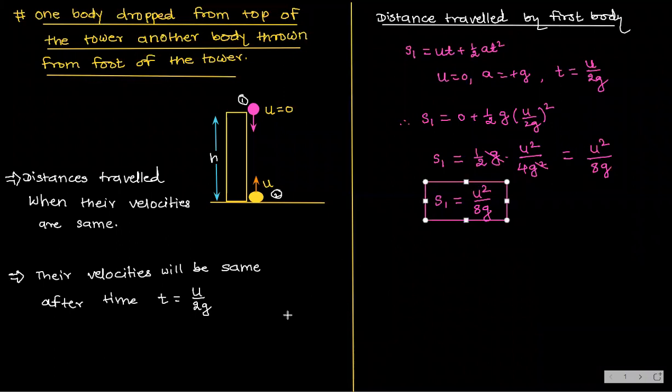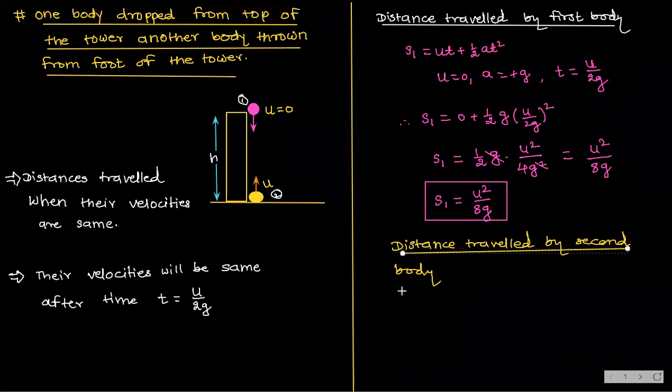Now let's find out for the second body. Second body means the body which we have thrown in upward direction from the foot of the tower. So distance traveled by second body. Let's find out now.